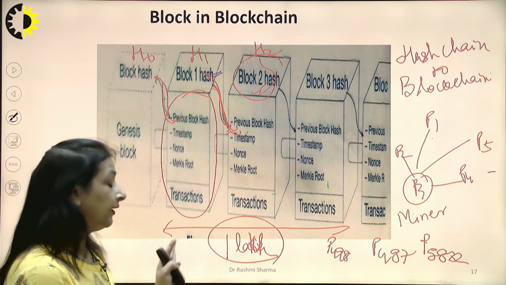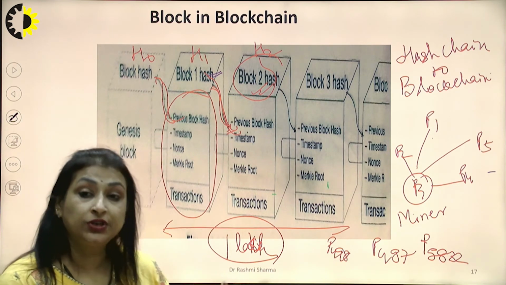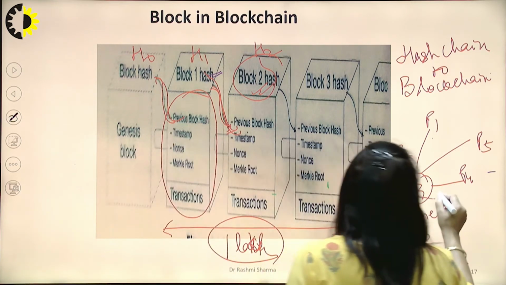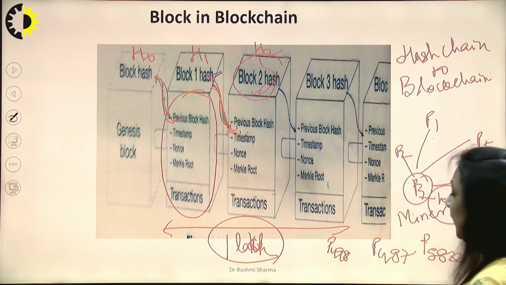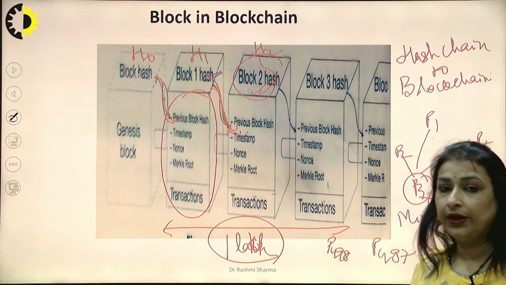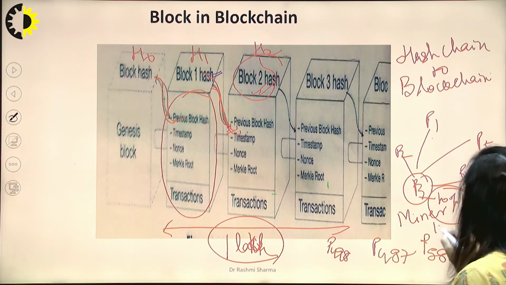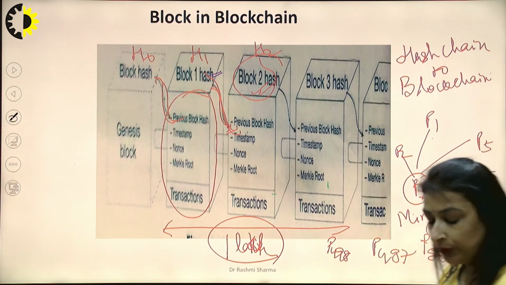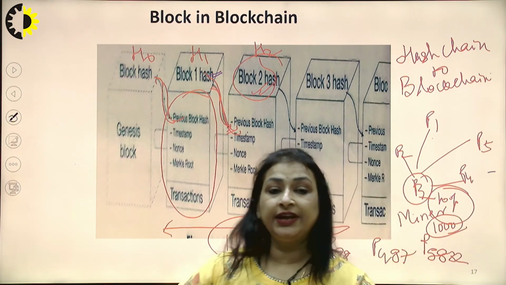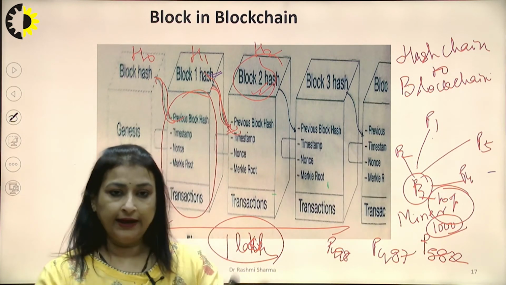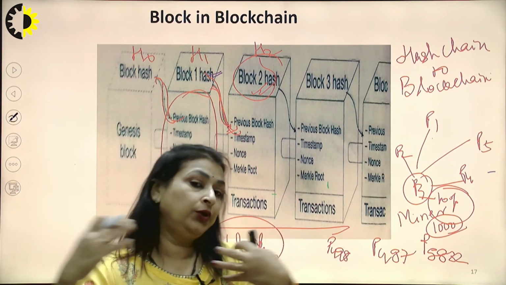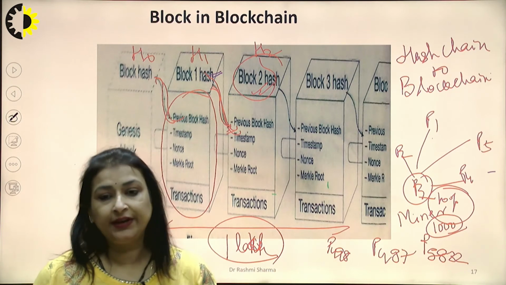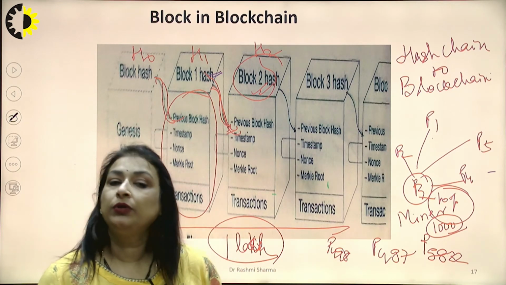Assume I say that we will send to 10% of the people in that particular blockchain. So P3 sends to 10% of the people in the blockchain. Or if I decide that P3 will send to 1000 people in this particular blockchain, now those 1000 people will send to the next 1000 people, then 1000 into 1000 would send to the next, until each and every person in that blockchain has that particular block.